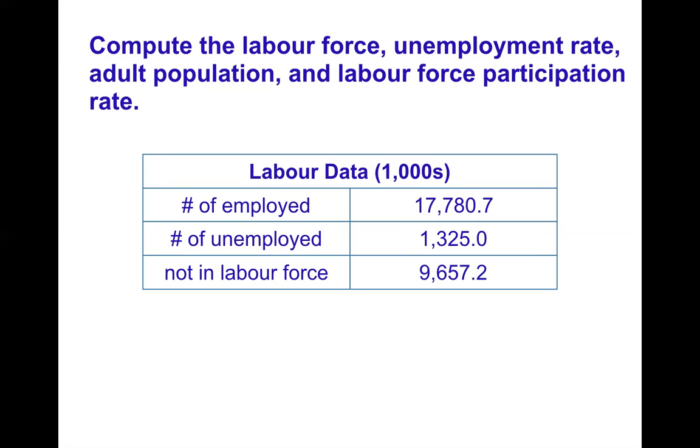So you can calculate the labor force, the adult population, and then go with the unemployment rate and the labor force participation rate. So do this in any order you like. It doesn't matter. Ultimately, there's multiple ways that you can get to these answers. But I'll give you a couple minutes here, or I guess you can pause the video and then do your calculations. When you've done your calculations, go ahead and continue with the video.